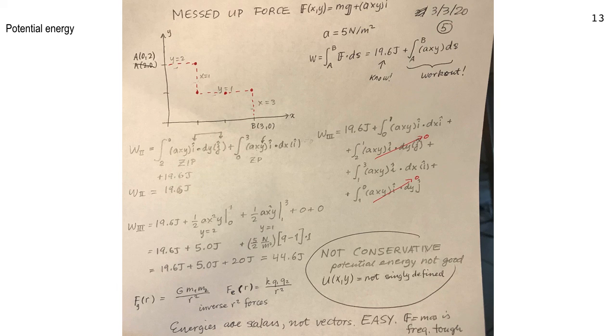And that's 8. So that's 20. So this is equal to 19.6 joules plus 5 joules plus 20 joules. And so that's equal to what, 44.6. So this is not a conservative force.